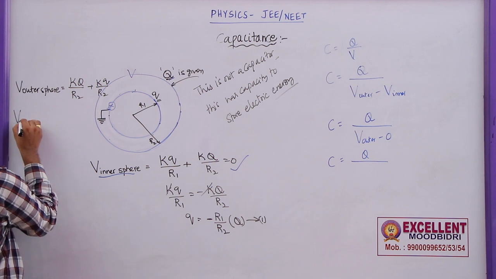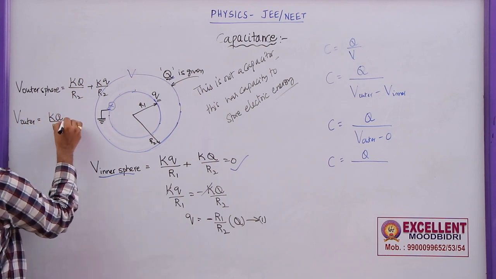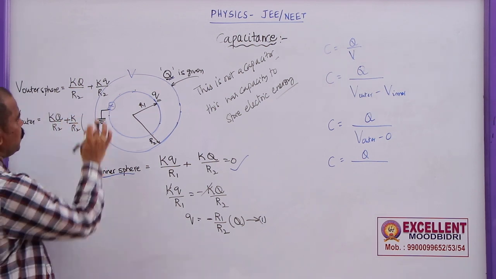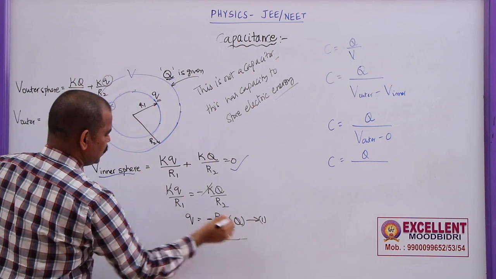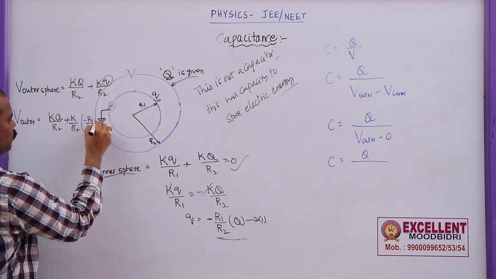So potential on the outer sphere is kQ by r2 plus k by r2 into small q, and small q is from this equation, minus r1 by r2 into Q.